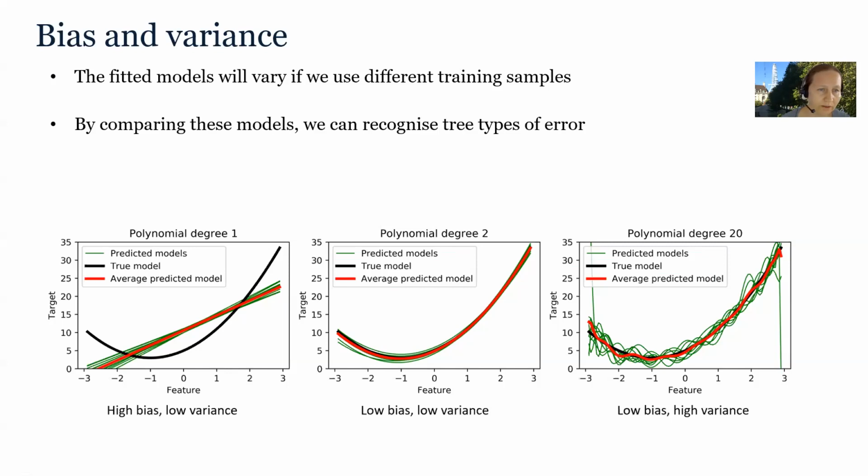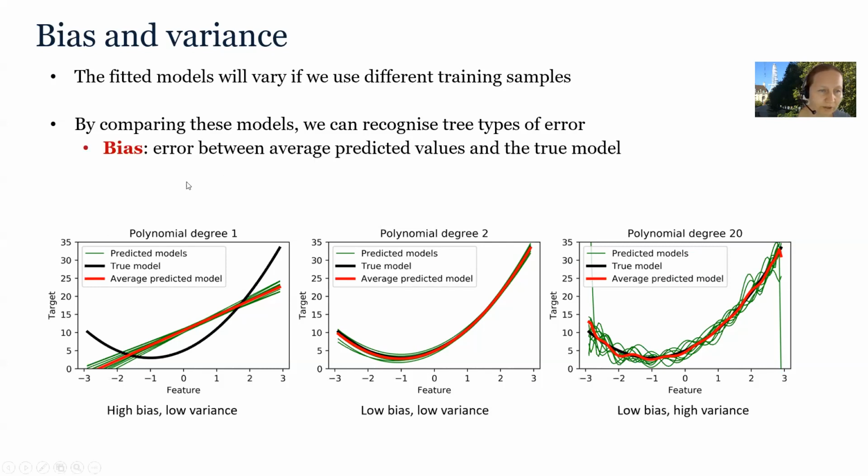Now, by comparing these models, we can recognize 3 types of errors. So the first type of error is bias. And this is the error between average predicted values and the true model. So here, this is our true model, and it has this nice quadratic curve shape.